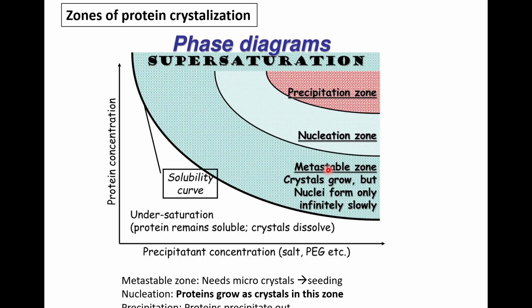The precipitant concentration should not be too low, and should not be too high. If it is more, it will take it to the precipitation zone where your crystals will be precipitated, and if it is lesser, then it will stay in solution and will not form the crystal. So there is always this competition going on, and in between there is this art of crystallography. So this is protein crystallization in a nutshell.